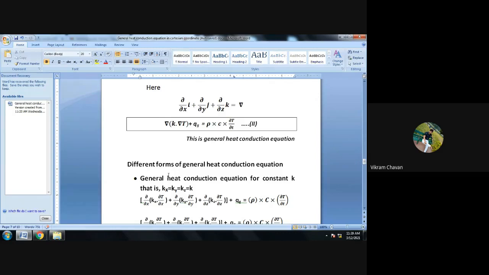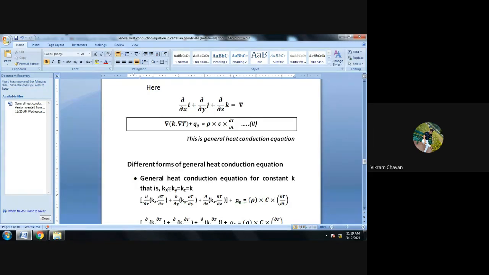Initially we considered that in x direction it is k suffix x, in y direction it is k suffix y, and in z direction it is k suffix z. Now here we have to perform a further modification in this equation, if you consider that the material is isotropic, that is, the thermal conductivity of the material does not change with direction.